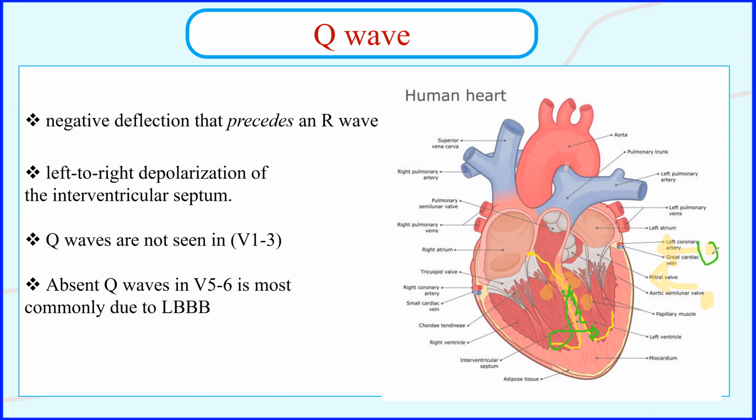So these two leads, V5 and V6, will not be able to see any movement of the current inside the septum, because the electricity is already going to the right side before the left side. So there is no movement from the left side of the septum to the right side, and these two leads will not see current. So whenever you see an absence of a Q wave in V5 and V6, you have to think about left bundle branch block.